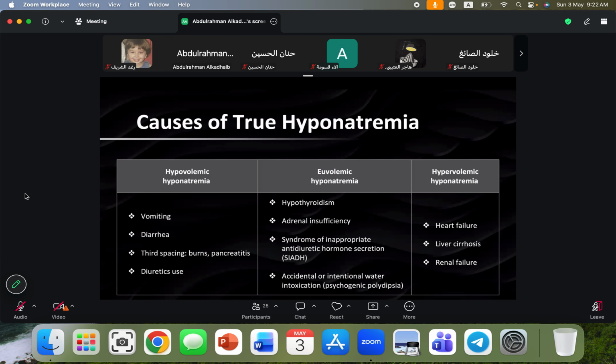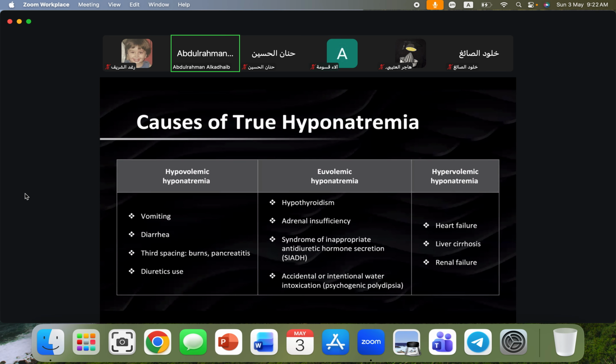High, exactly. This will lead to an increase in the antidiuretic hormone, which will prevent diuresis, and as a result, this will cause dilution of the sodium and a low sodium level with a normal body volume. So it will not cause significant retention of fluid, but it will cause a drop in the sodium level.